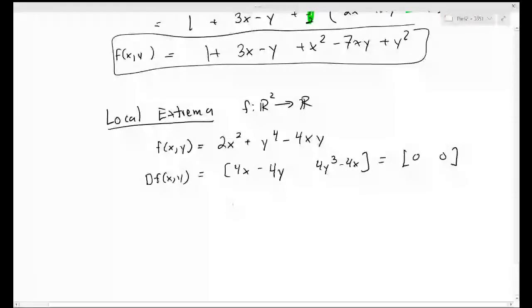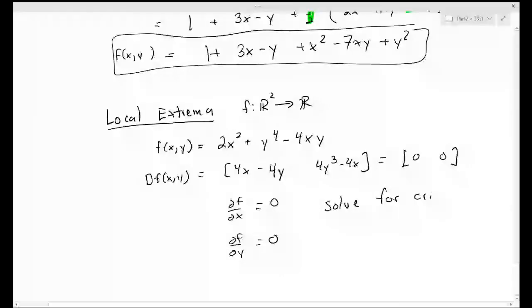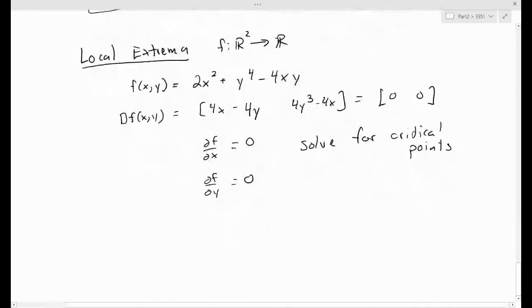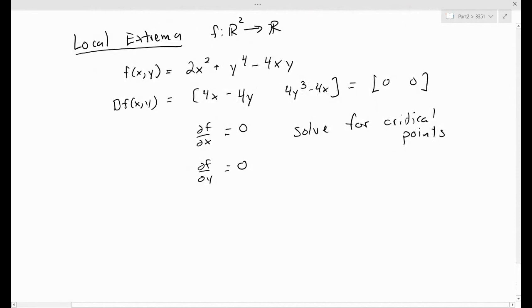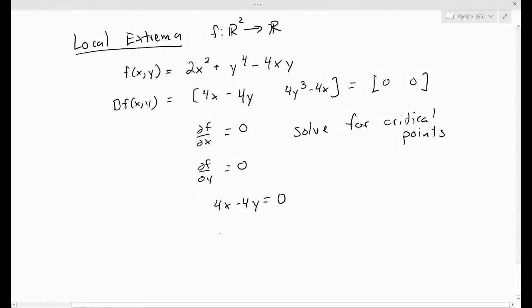So we just take all the partial derivatives and set them equal to 0 and solve the system, solving for critical points. That should be easy enough in this problem. Partial of f with respect to x should be 0. Partial of f with respect to y should be 0.